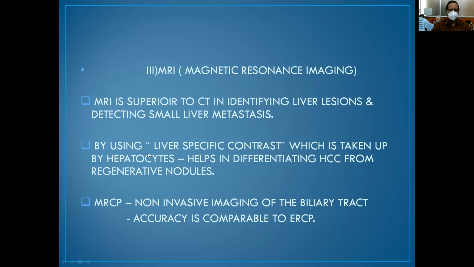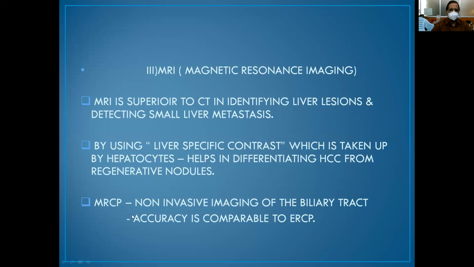But by using liver specific contrast, which I also told in the last class, taken up by the hepatocytes, it helps in differentiating hepatocellular carcinoma from regenerative nodule, that is focal nodular hyperplasia, which can be easily differentiated by MRI scan by giving liver specific contrast orally or intravenously.